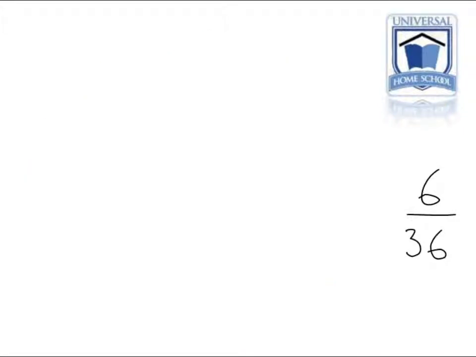But then we're going to look at this fraction again, and we're going to notice that 6 and 36 can be divided even further. What one number divides equally into the 6 and equally into 36? Well, look at it.